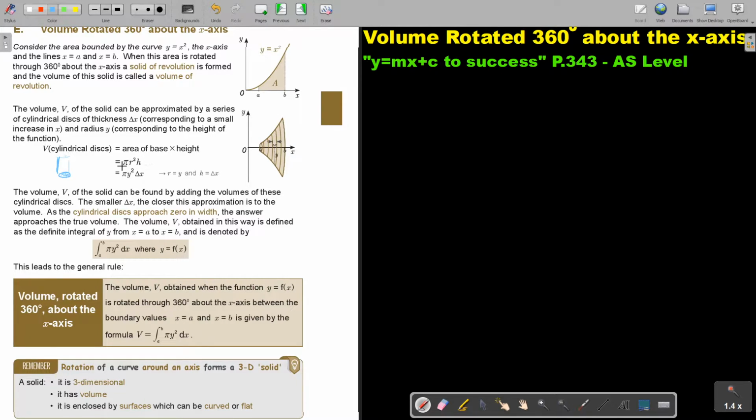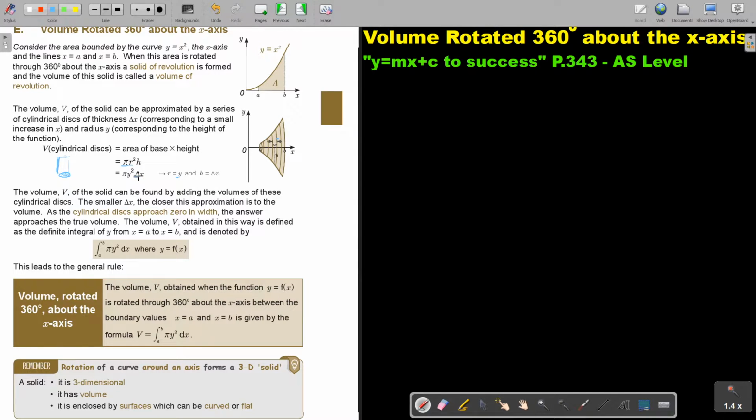So now I said the radius is equal to the function y. So what must I do with the function y? I must square it because it's area. What is the area of a circle? Pi r squared. So it will be pi times the function squared, and the height is that little thickness, delta x.